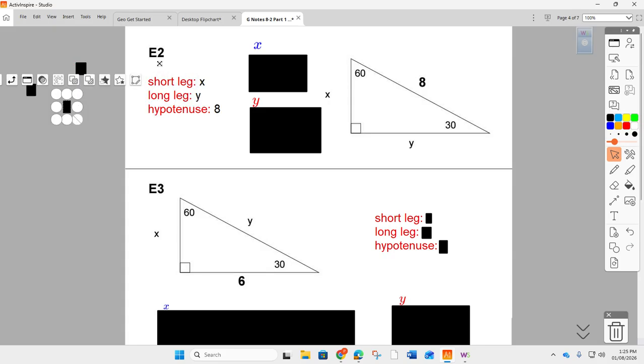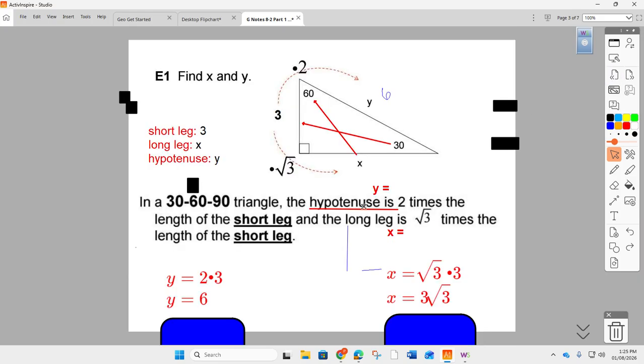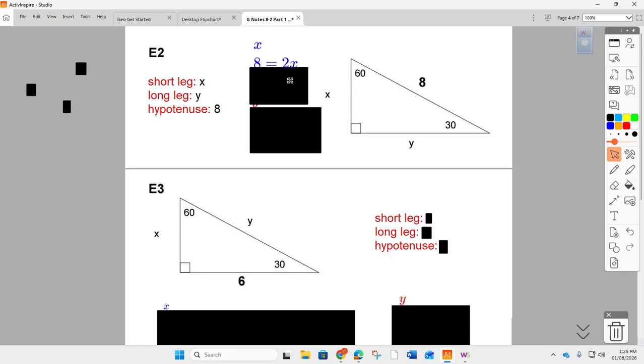So we always need to be working with the short leg. There is no special relationship that we're working with between the hypotenuse and the long leg, right? So if we know the hypotenuse, we're going to use that to find the short leg. Remember we said the hypotenuse is 2 times the short leg. So in this case, the hypotenuse is equal to 2 times x, because x is the short leg.